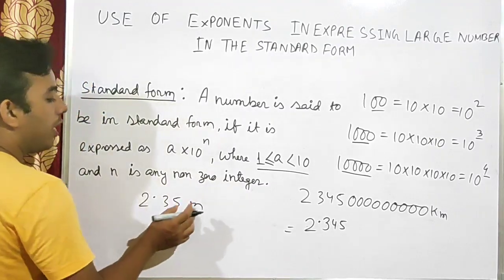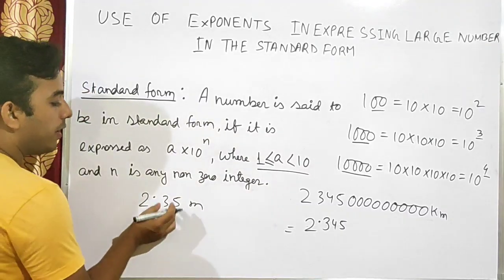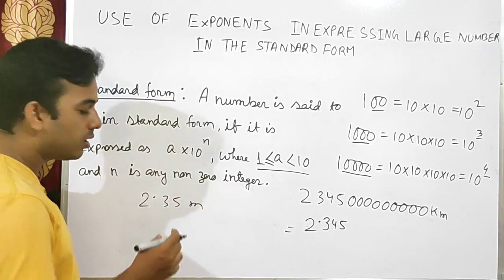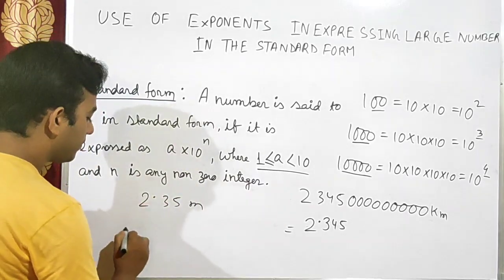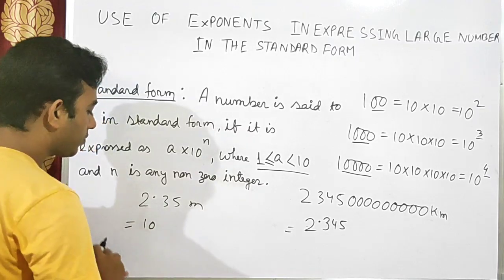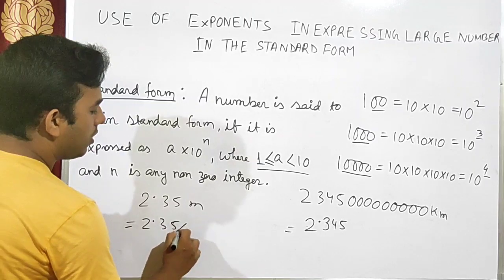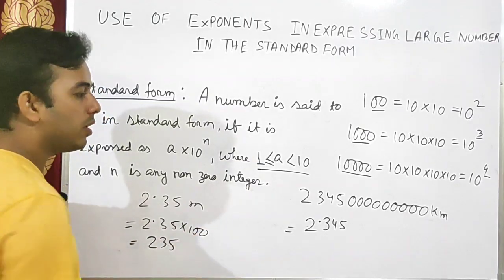Now how did we remove this point? That is, how did we remove the decimal? First we looked at how many digits are there after the decimal. There are 2 digits, so we multiplied with 100. 2.35 into 100, and it becomes 235, isn't it?